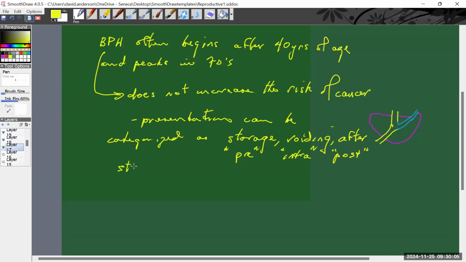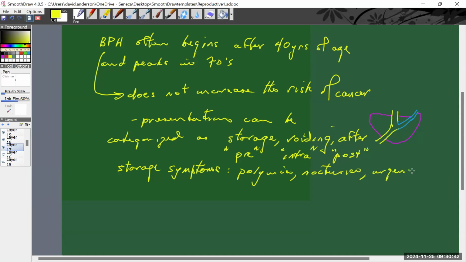So when we look at storage symptoms, we're really talking about symptoms that are going to affect the bladder's ability to store because of the hyperplasia. The volume that the bladder is capable of containing is going to be reduced. So we're probably going to see polyuria, nocturia that we've mentioned, but this is sort of focusing in a little bit.